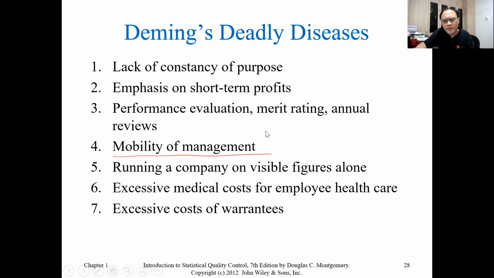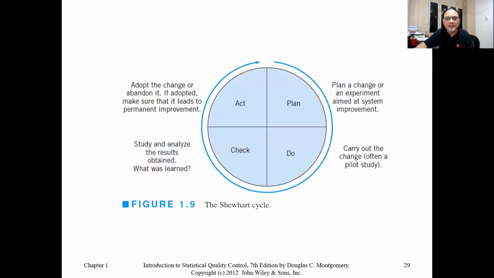This was predominantly happening in the US. Running a company on visible figures only, quality financial reports only, without looking at the long-term financial strength. Okay, excessive cost of warranty.